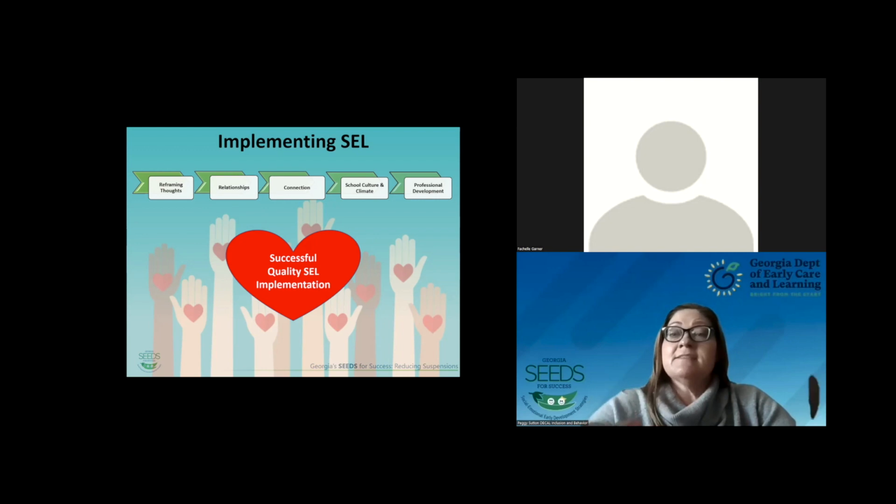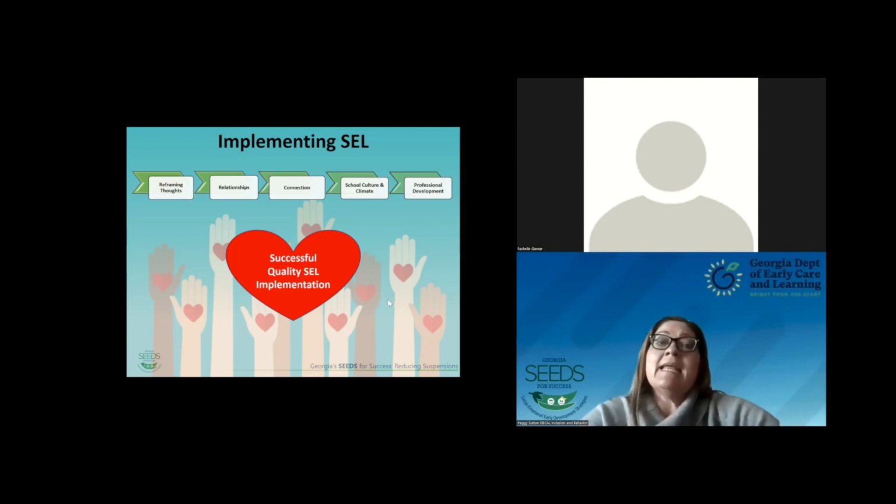And we're also going to discuss, as you mentioned, some professional development opportunities. So it is important to point out that each step that you see here plays an important role in the successful implementation of social emotional learning, and each element has lifelong benefits for our children and students.